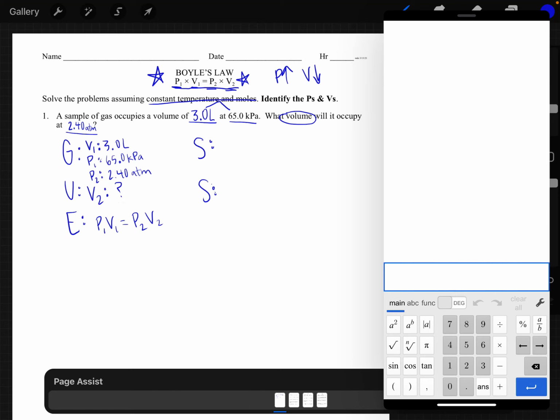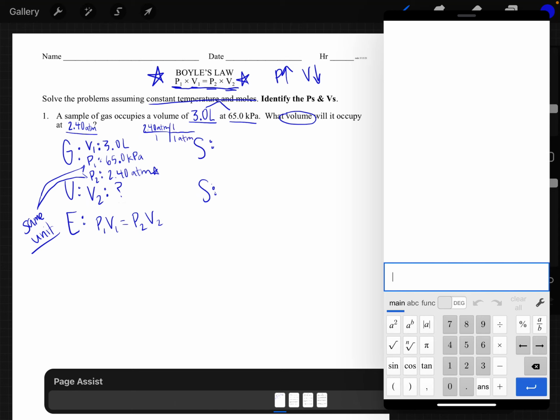Now, one quick note: when you're dealing with pressures, if you want to do math with your pressures, they have to be the same unit because math says so. So what I need to do is convert one of these to the other unit. I think I'm going to convert my atmospheres to kilopascals just because I want to. I'm going to do it right up here. I'm going to say 2.4 atmospheres.